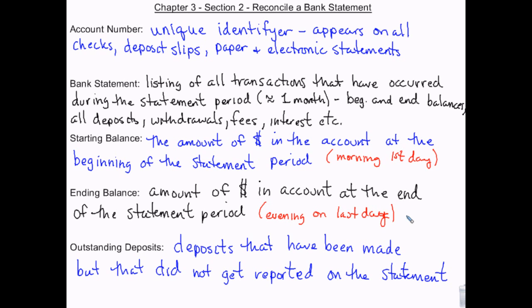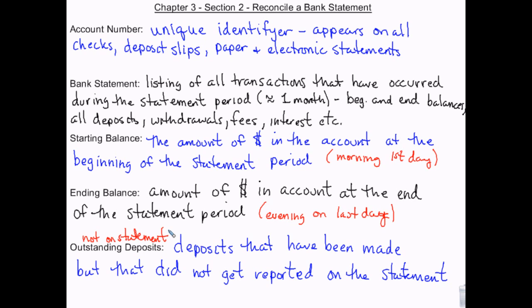The other thing that you need to know, this will not be on the statement. Outstanding deposits. These are the deposits that you have made that did not get printed on your bank statement. So for example, you know how they say deposits made after 2 p.m. will not show up until the next business day?